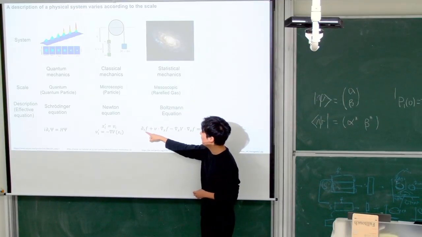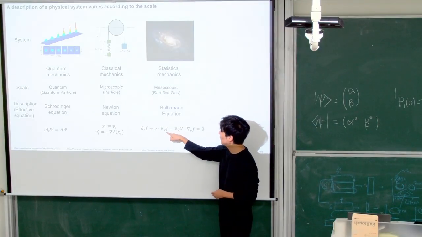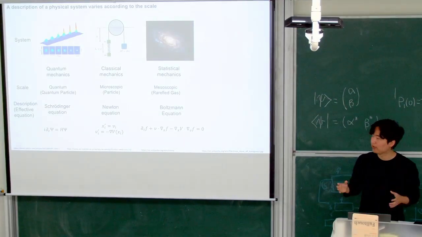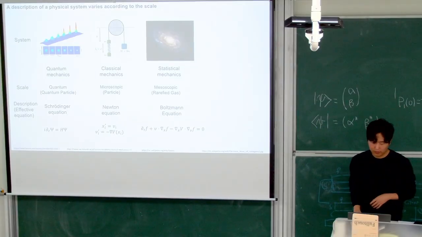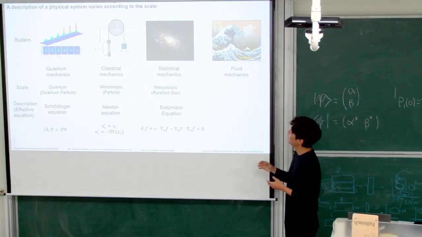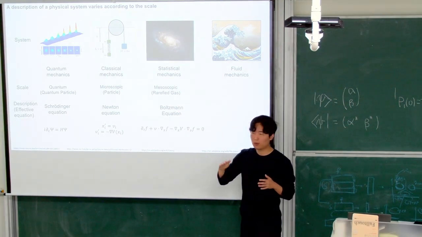Here f is a probability density with position x and velocity v, so it describes the statistics of the particles. But you can go further. I just said that a rarefied gas is a gas of low density.